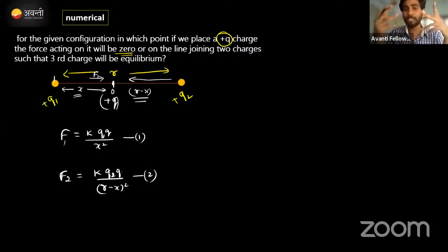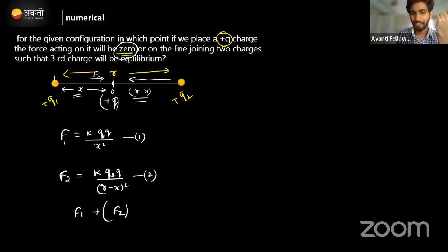These two forces are equal in magnitude. Correct? It obeys Newton's third law, as I said. Here we need to prove that the net force is zero. Equal forces acting in opposite directions means the net force should be zero. So I take F1 plus F2, but F2 is in the opposite direction, so I put a minus sign: equation number 3, F1 minus F2 is equal to 0.